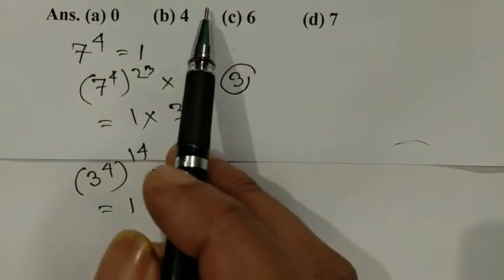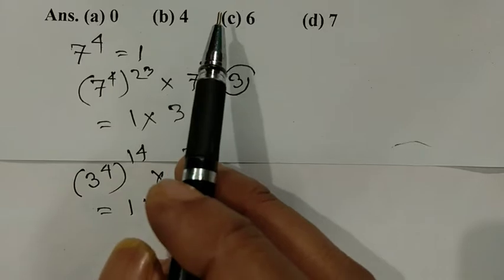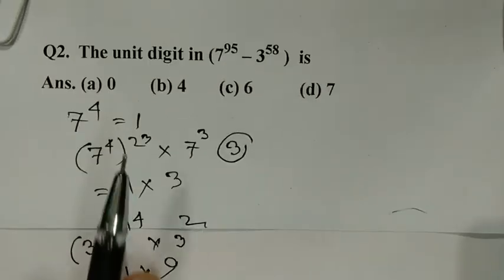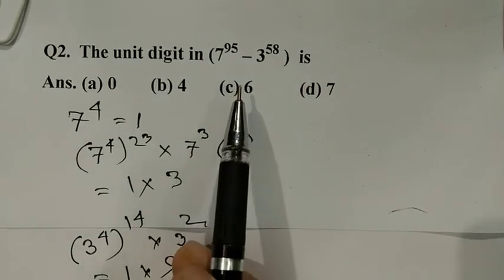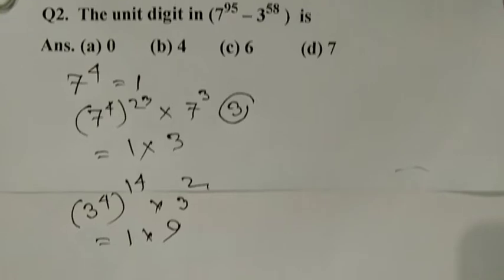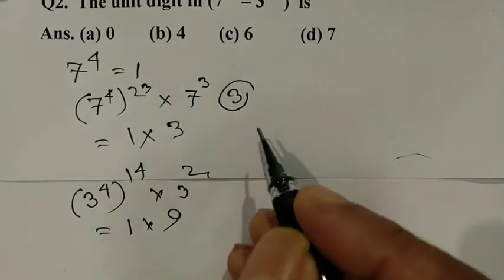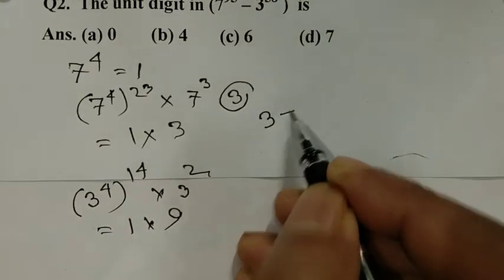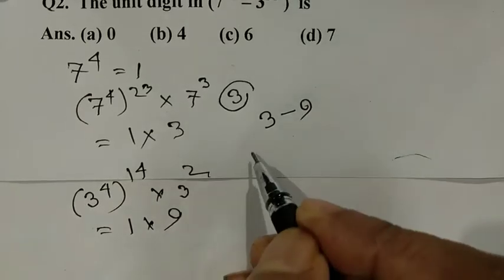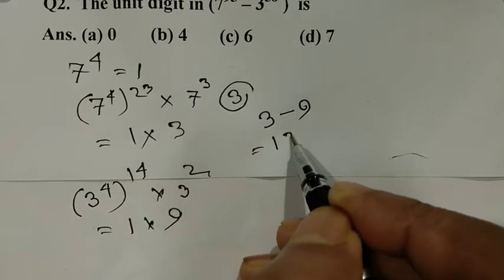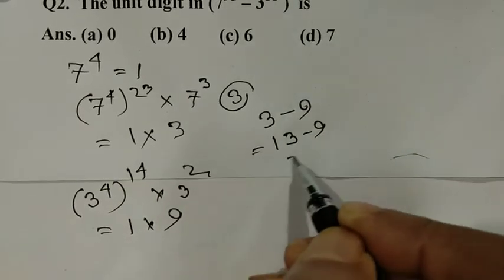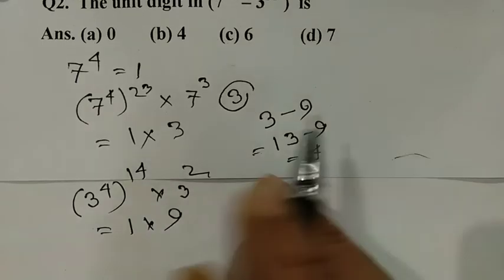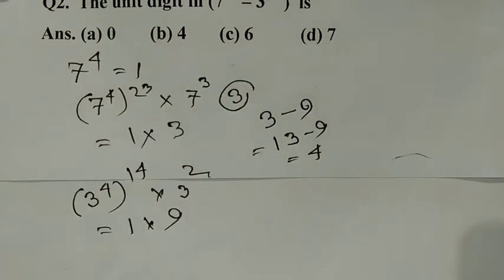Given 7 to the power 95 minus 3 to the power 58, we can write 3 minus 9. Then 13 minus 9 equals 4. Answer B.